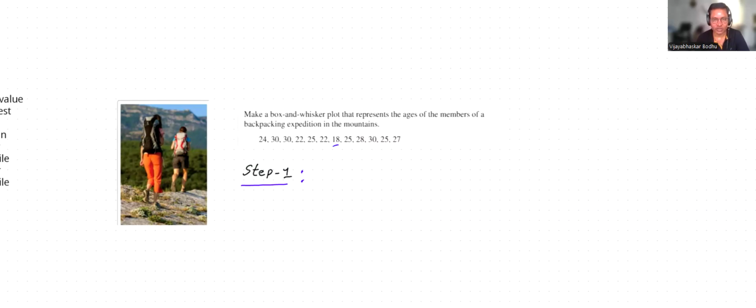The next one is 22. There are two 22s, 22, 22. Then 24 here. Just underline them to avoid confusion. Then you have three 25s, and then 27 and 28.